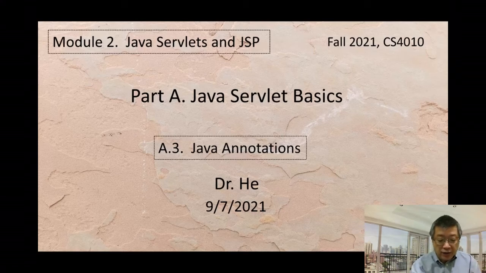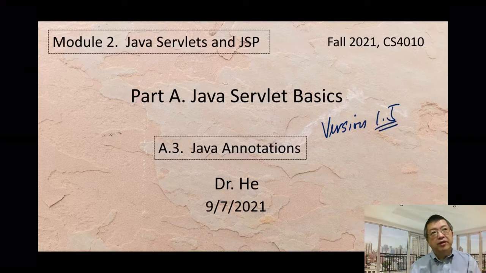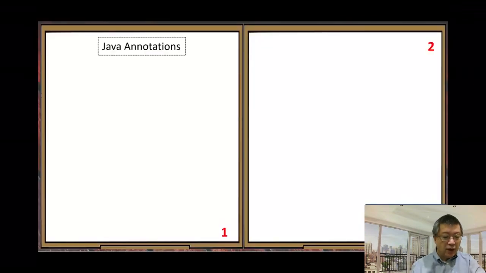So for that reason, at Java version 1.5, this annotation technology was added. Now it is very popular. Right now, this technology is extremely popular. So we have to learn some basics of Java annotations. All right.